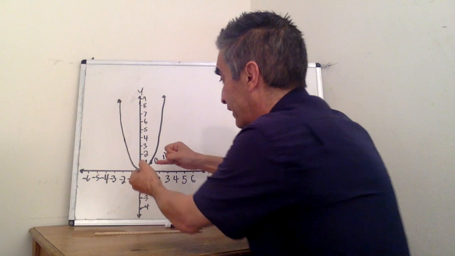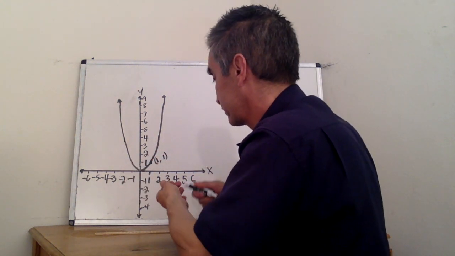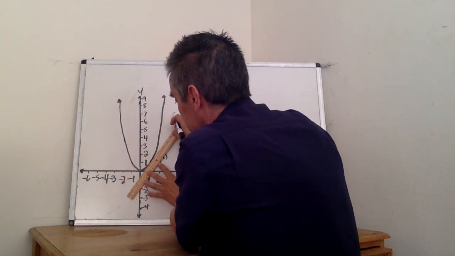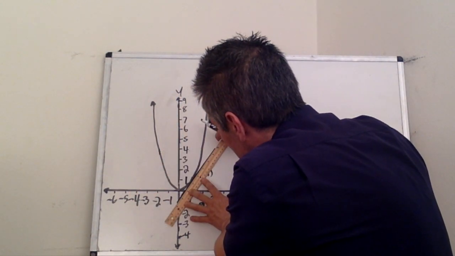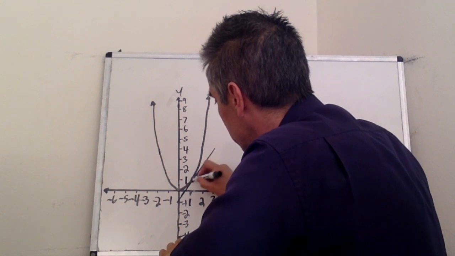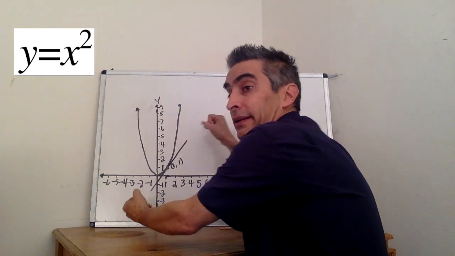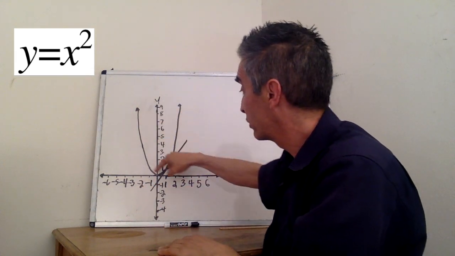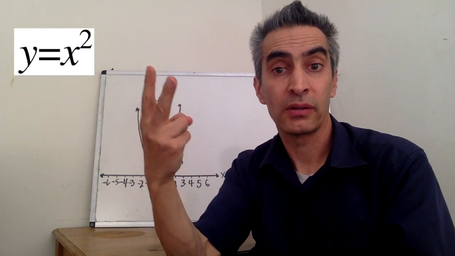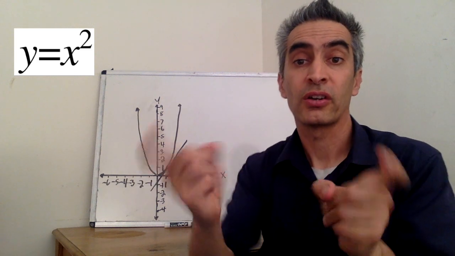Third, draw the line. Now we have a line touching the parabola y equals x squared at the point 1, 1.